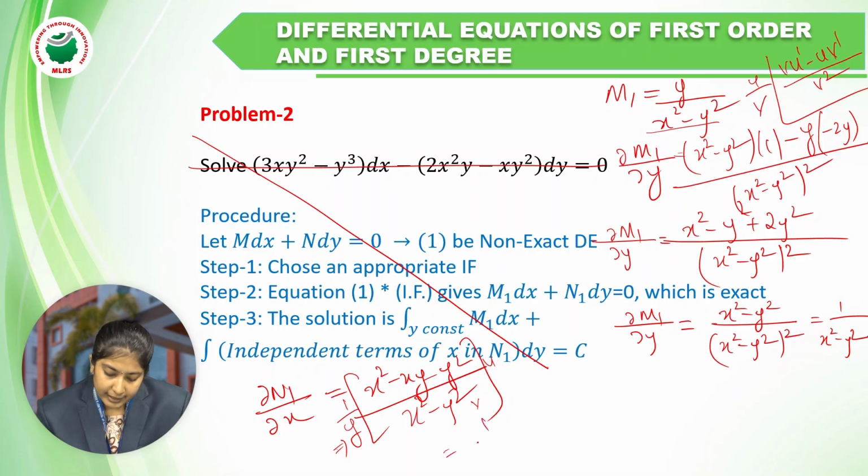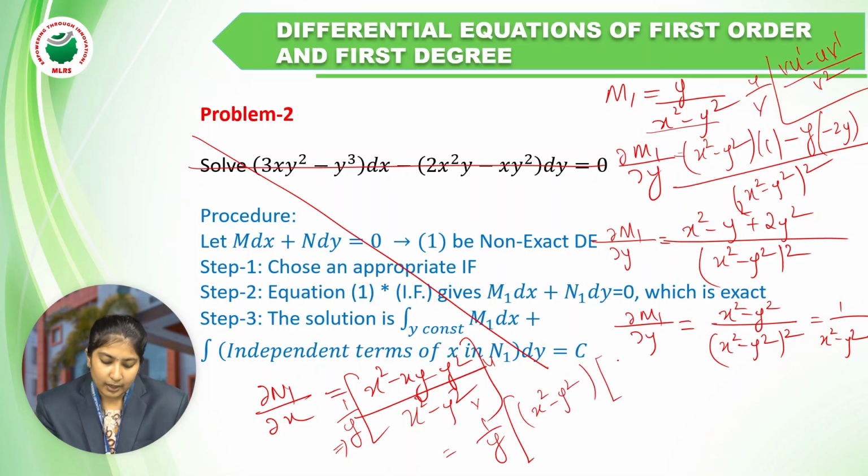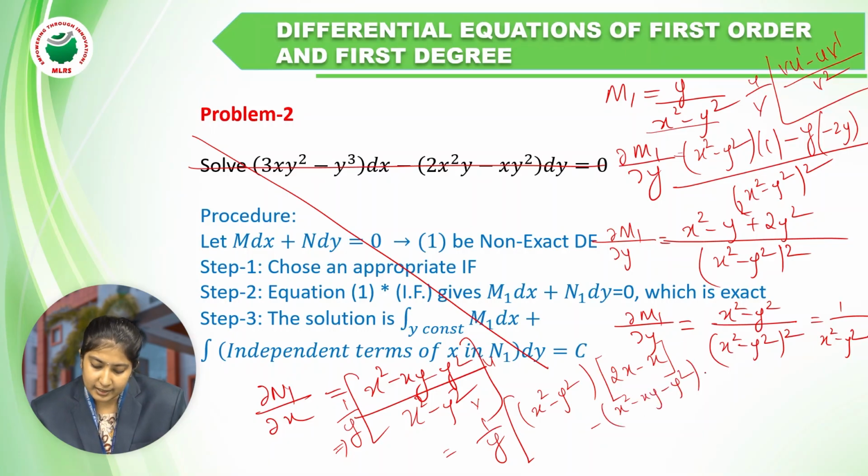So if you perform again, you get v into u dash, so (x square minus y square) into u dash. What is u dash? You have to differentiate it with respect to x, that you should remember always. Minus x, this y will become 0 anyways. Minus u into v dash, so (x square minus xy minus y square) into v dash, which is 2x by (x square minus y square) whole square, right?